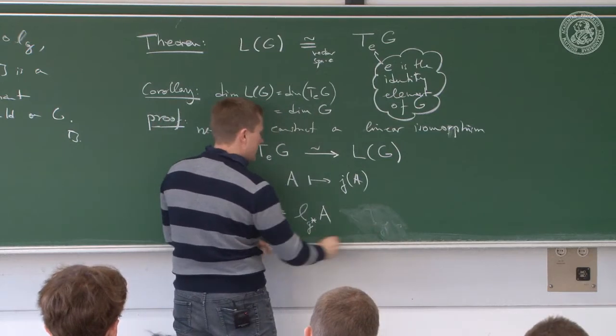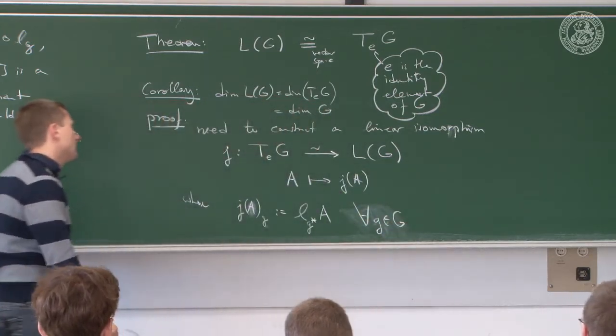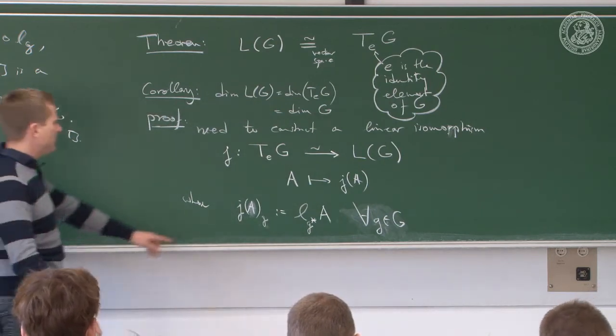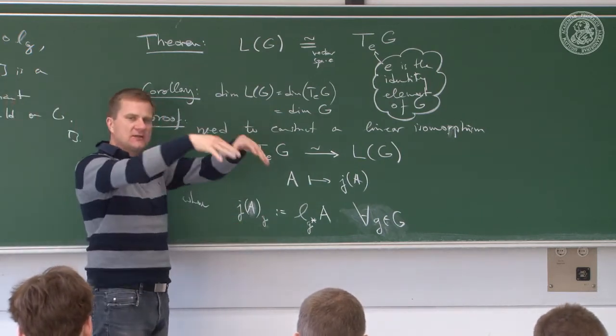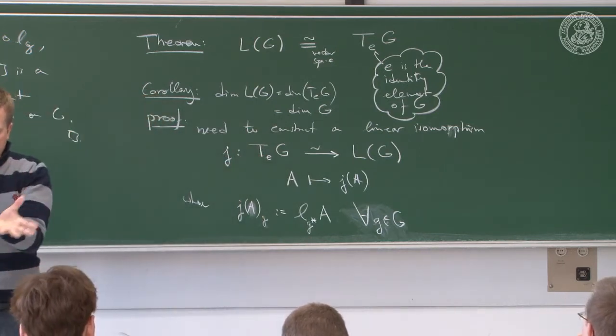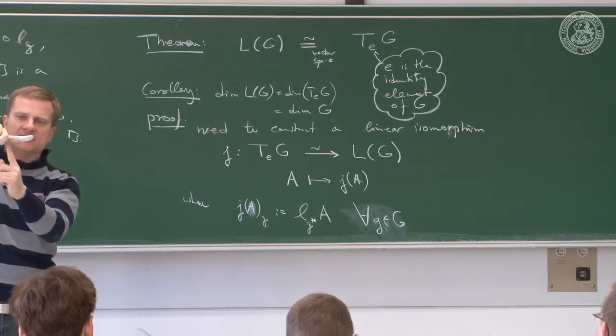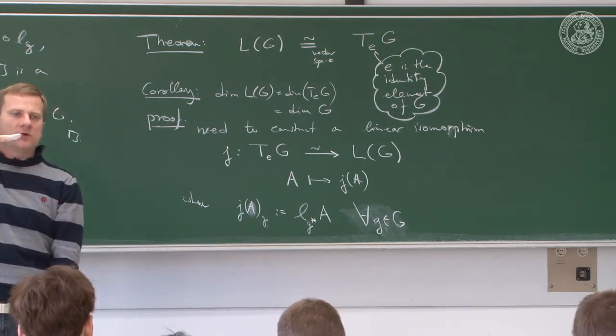And if I do this now for all G in the group, I define a vector everywhere on the group manifold. So think of that as the group manifold, right? And I only give you a vector in the tangent space at the identity. Say that's the identity. What do I do?